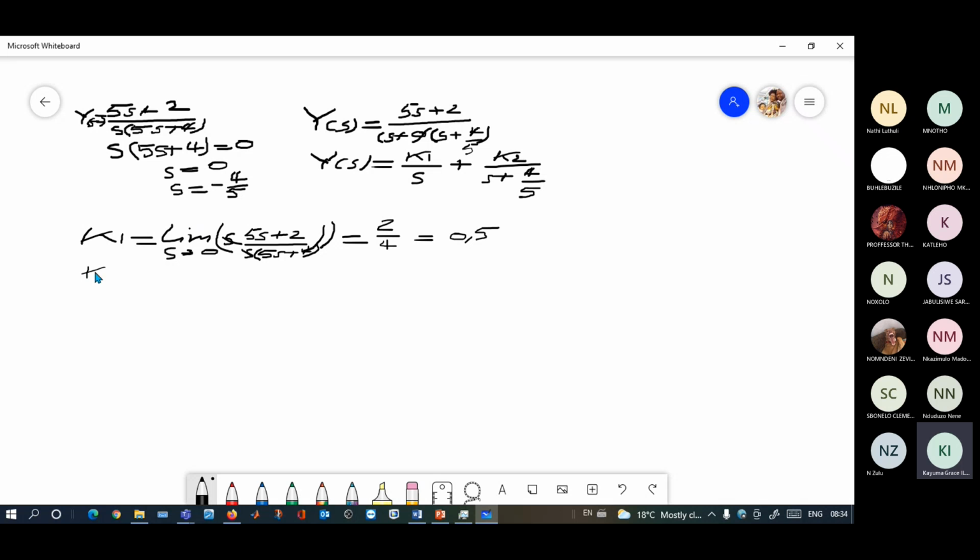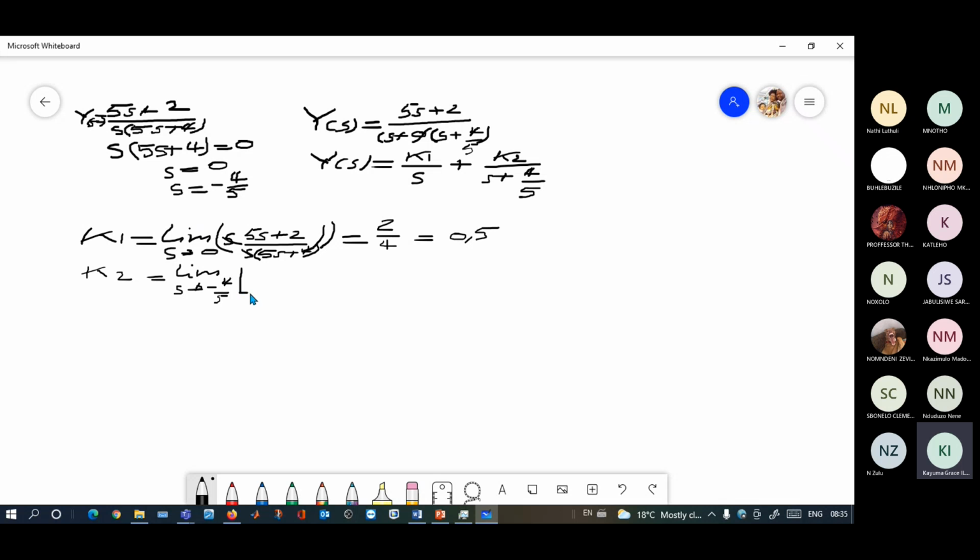Then we're going to go for k2. K2 will be equal to the limit of s approaching the second pole, which is minus 4/5.